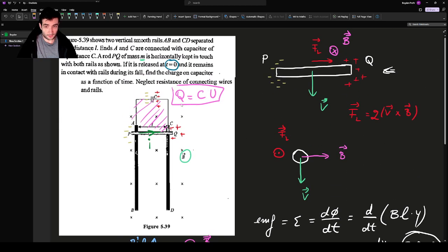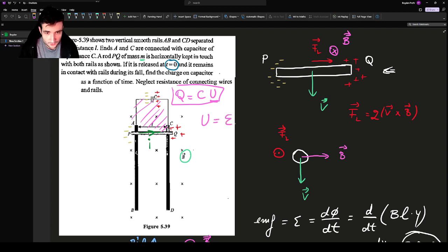Now, the other thing is that the potential difference between the plates of the capacitor is actually going to be the same as the EMF, because the question says that there's no resistance anywhere in the circuit, which means that the potential difference will be the same.